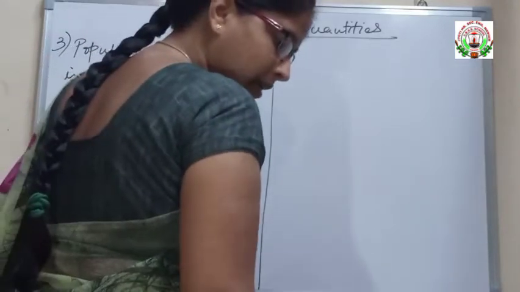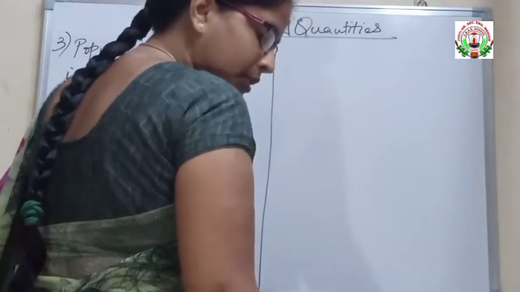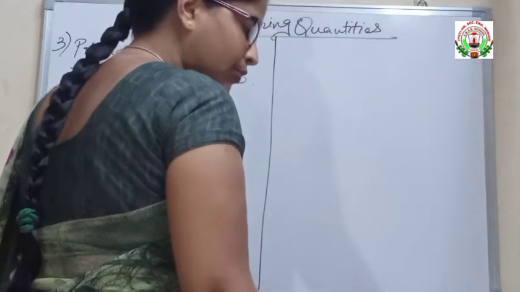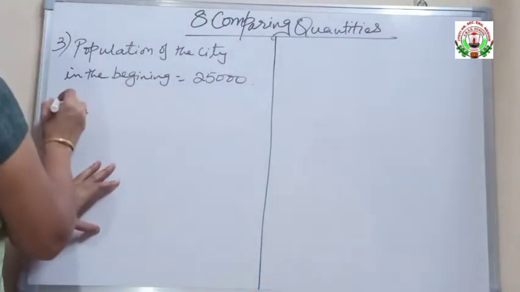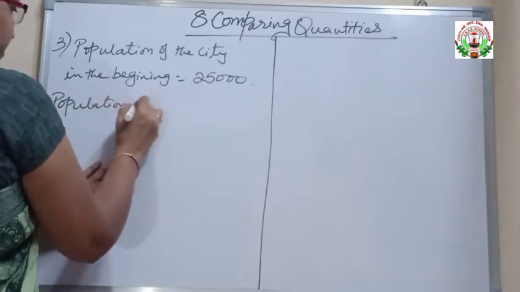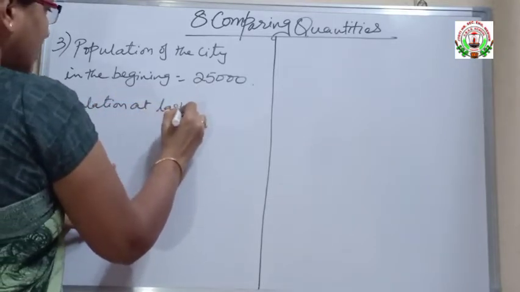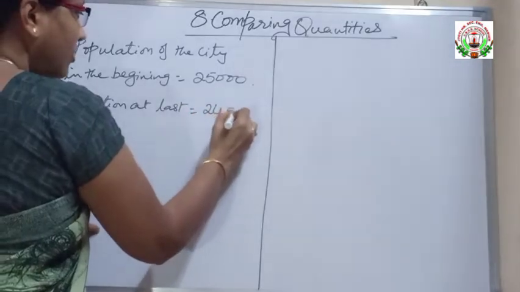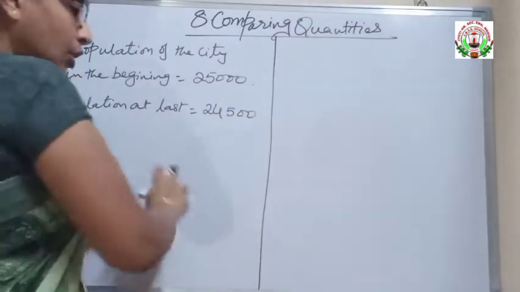Next they have given the decrease in population from 25,000 to 24,500. So population at last is equals to 24,500.